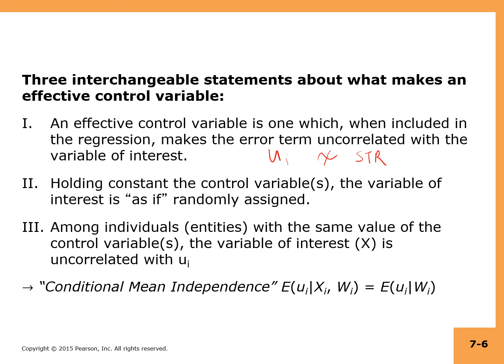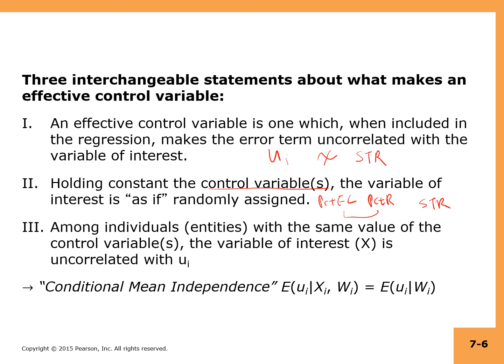Another way of saying this is that holding constant the control variables, in our case percent English learners and percent of students on reduced price lunch, the variable of interest is as if randomly assigned. So controlling for the control variables, the student-to-teacher ratio is as if randomly assigned across the districts.